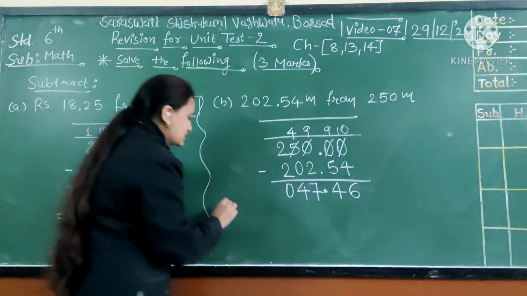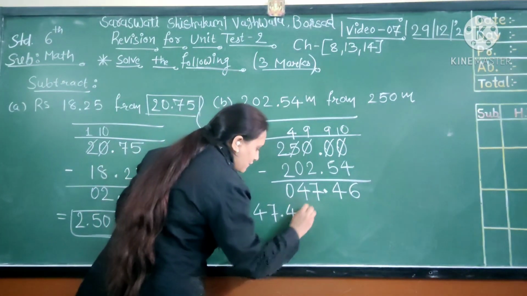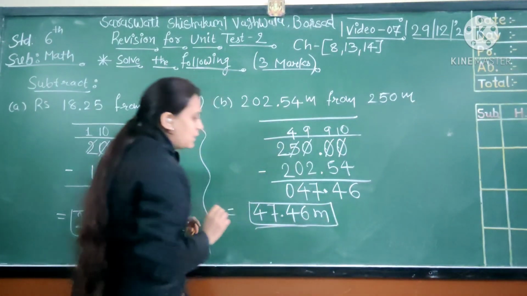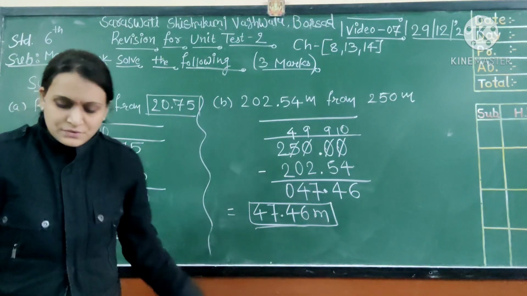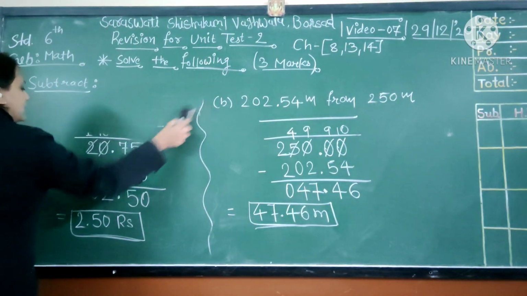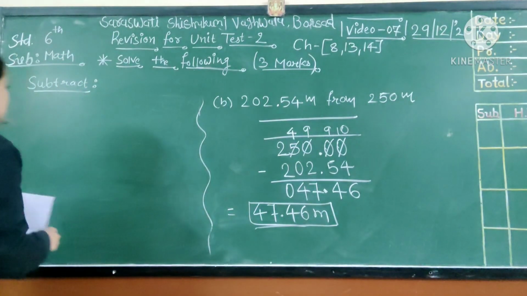So after subtraction, we get the result 47.46 meters. This way you have to simplify the examples of subtraction. Now let us do one more question here. This is A number, this is B, and now let us simplify C number.